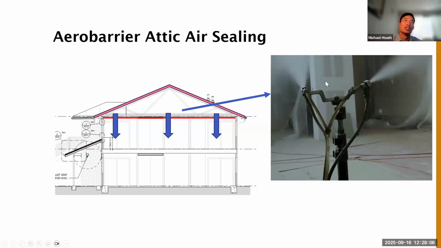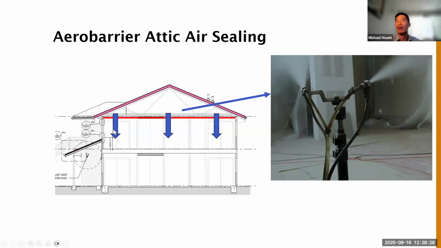This has been adapted to more of a retrofit scenario where they put these aerosolized sprayers of the sealant into the attic space, and then they use blower doors to depressurize the space below to pull sealant through, and the sealant then accumulates and seals up cracks at the ceiling level.